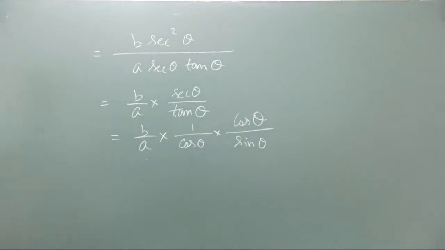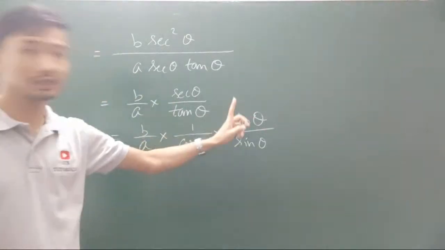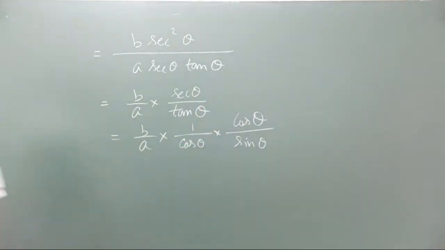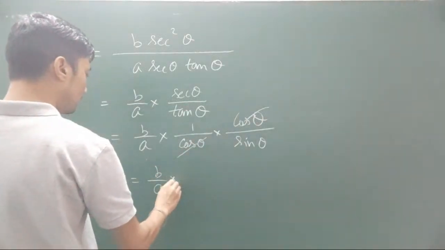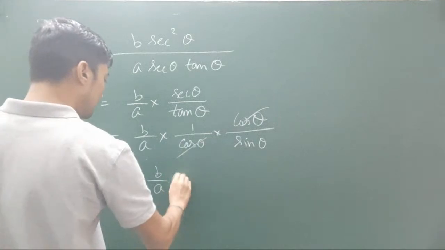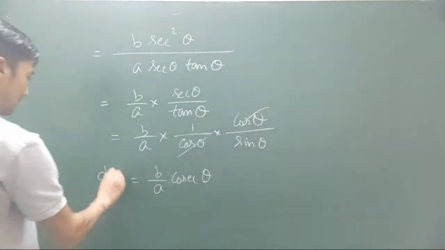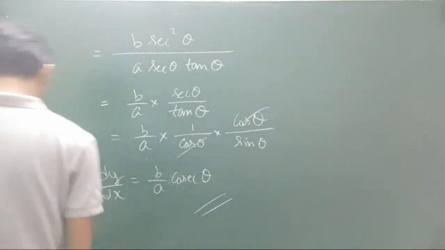Got it? Sec theta is 1 by cos theta, tan theta is sin theta by cos theta. So cos theta cancels, b by a into 1 by sin theta is, come on, class 12, so we can easily do these things. Cosec theta.